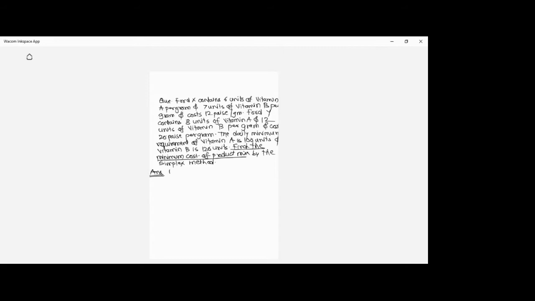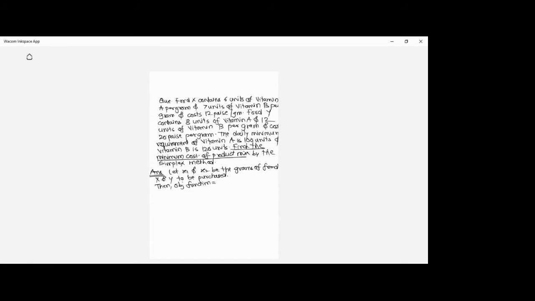Very simple to understand. So let X1 and X2 be the grams of food X and Y to be purchased. Then what will the objective function be?